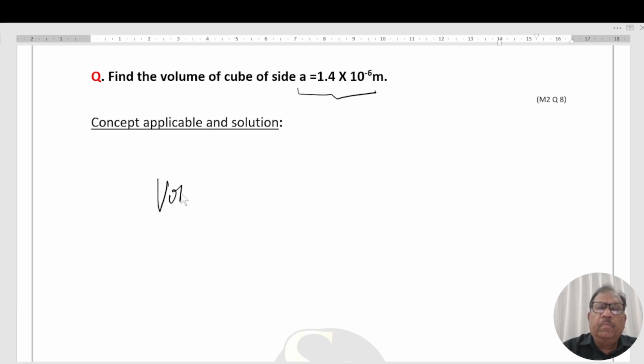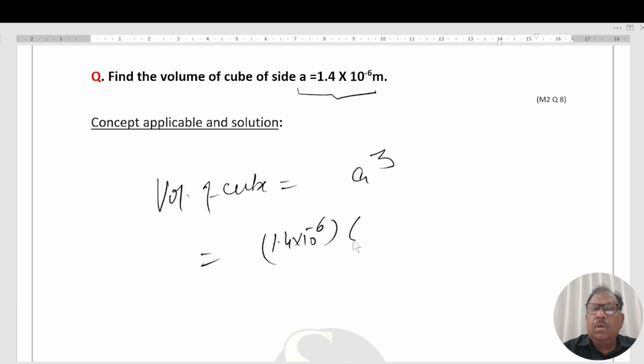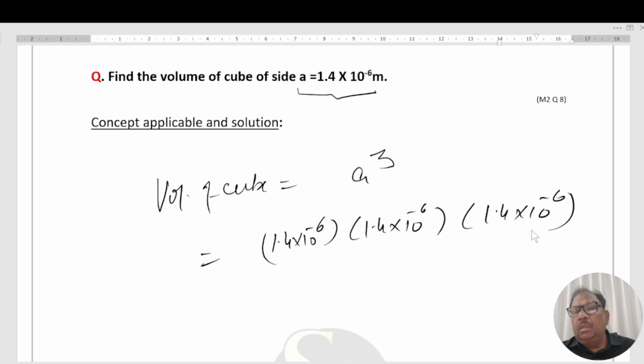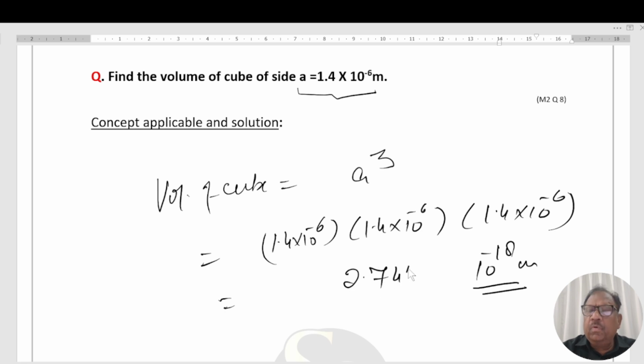Volume of cube क्या होता है, a cubed, that is 1.4 into 10 to the power minus 6, 0.4 into 10 to the power minus 6, 0.4 into 10 to the power minus 6. ये कितना आ जाएगा 10 to the power minus 18 मीटर क्यूब, और इसको मल्टीप्लाई करके आ जाएगा 2.744 into this.